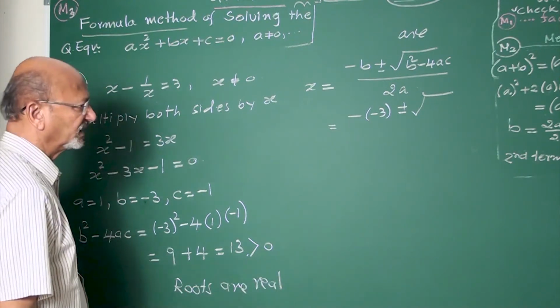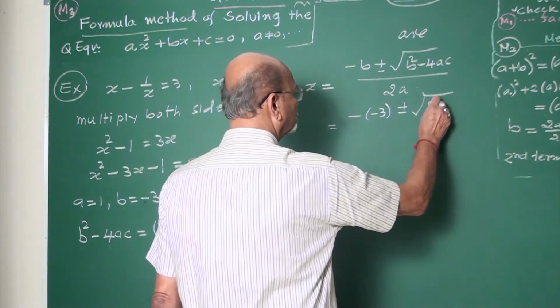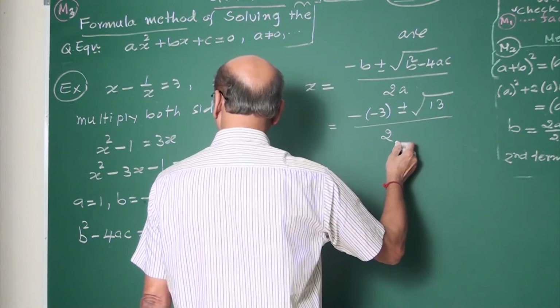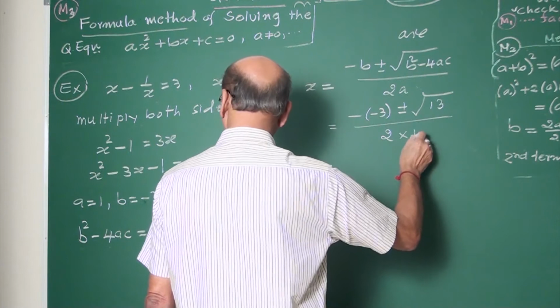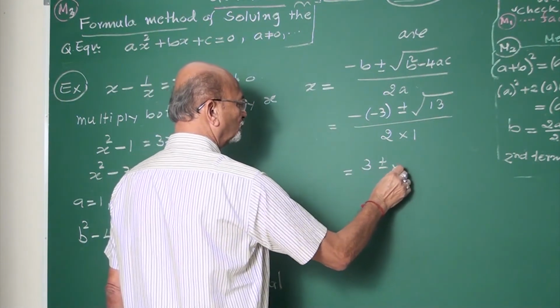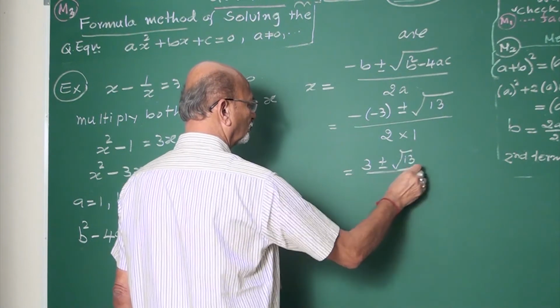It is root 13 upon 2a. The value of a is 1. Simplify: 3 plus minus root 13 upon 2.